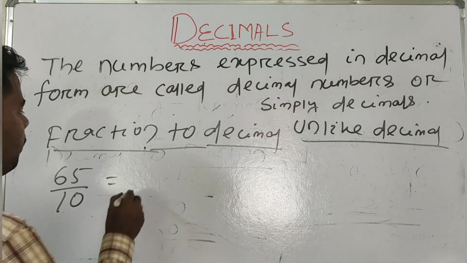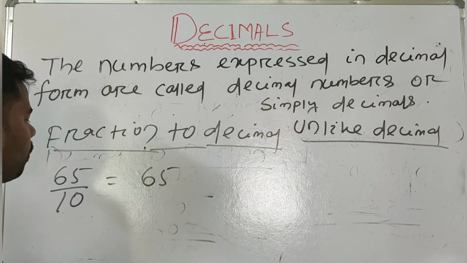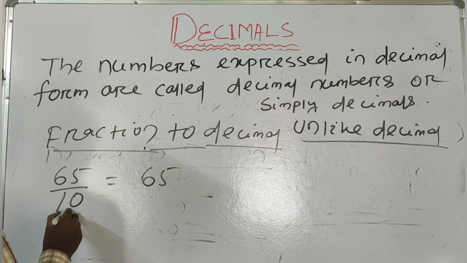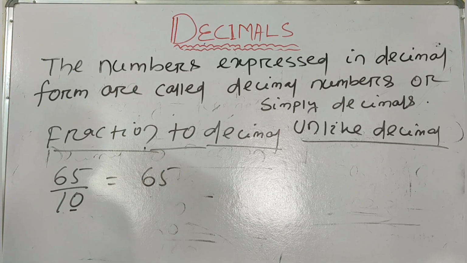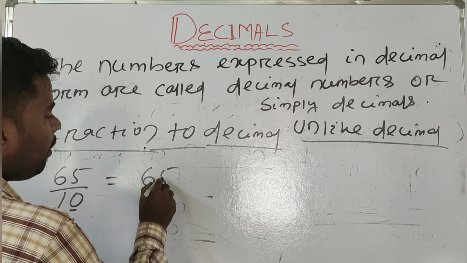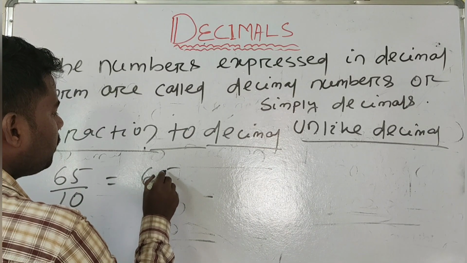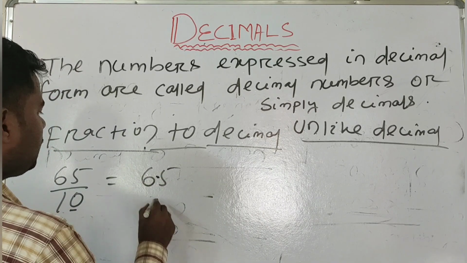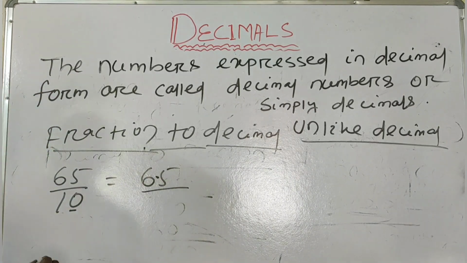First write that number. How many zeros are present in the denominator 10? 1 zero. So we count from the right side of that number, and after one digit we put the decimal point. The answer is 6.5.